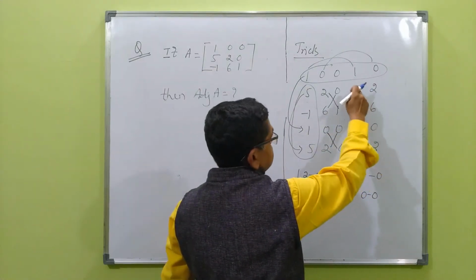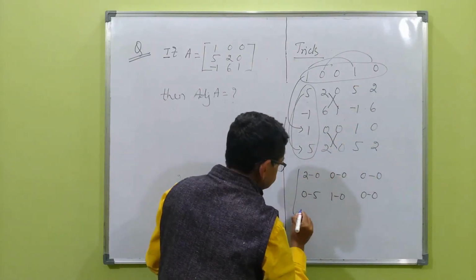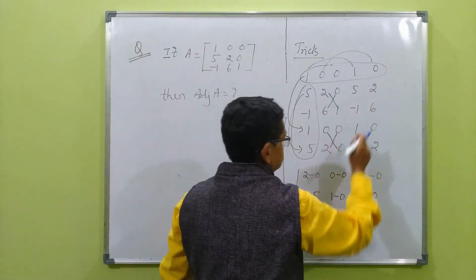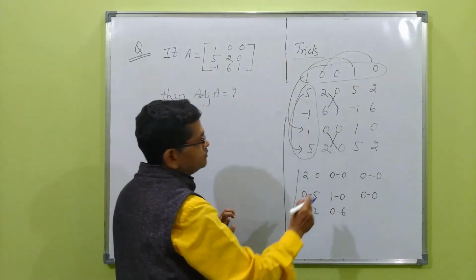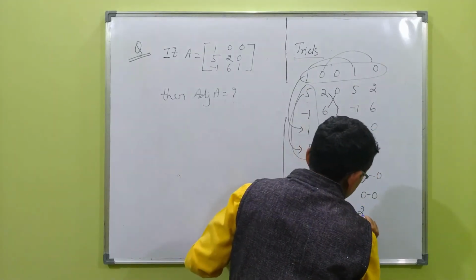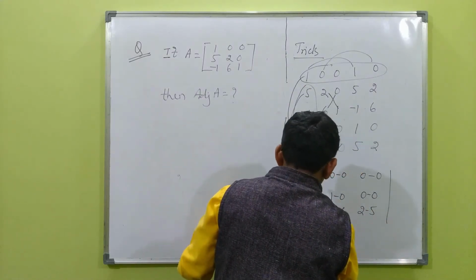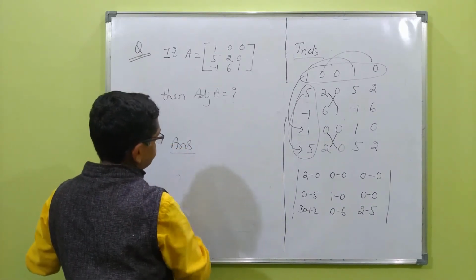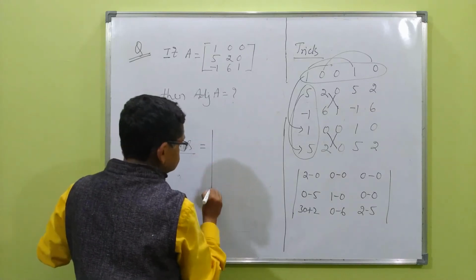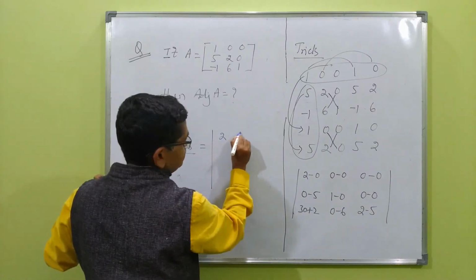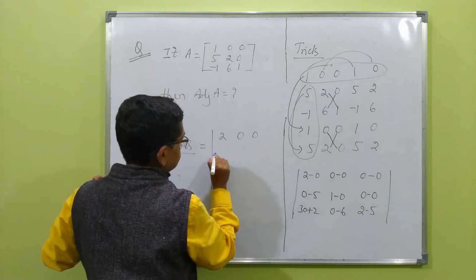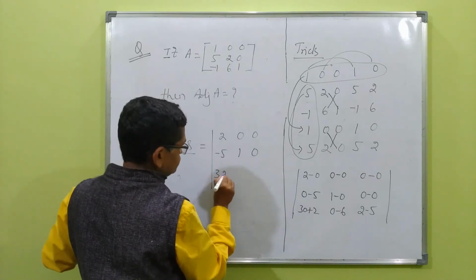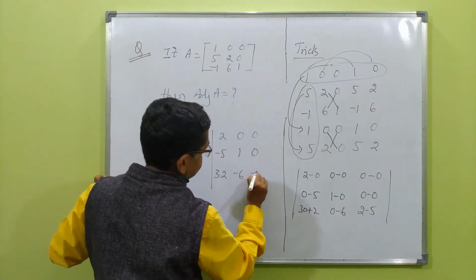Now 30 plus 2, 1, this is 0 minus 6, 2 minus 5. So the answer is, required adjoint is 2 0 0, minus 5 1 0, 32 minus 6 and minus 3.